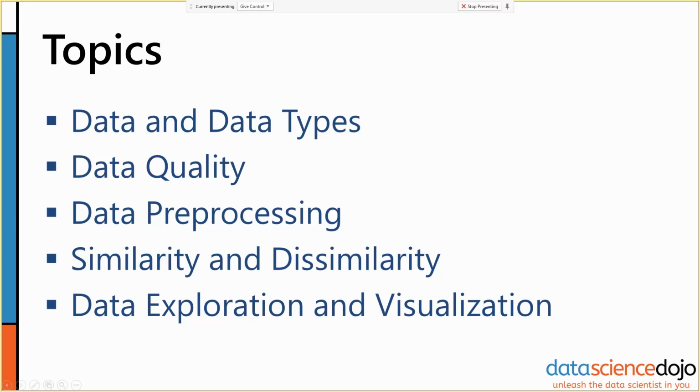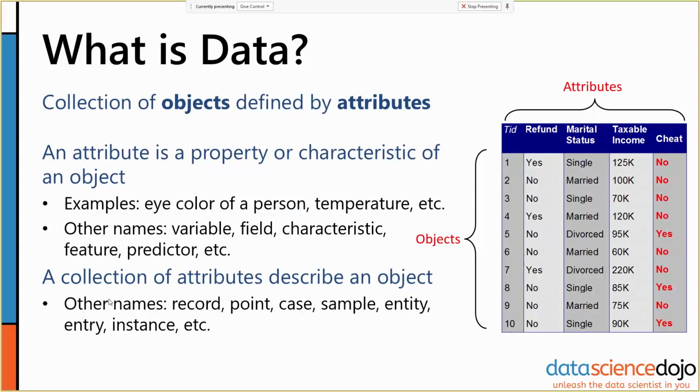And finally, we're going to talk about some similarity and dissimilarity metrics and also some data exploration and visualization. We'll cover data exploration and visualization very briefly here. We're going to talk about it a lot more next week in the Introduction to R webinar. So without further ado, let's start with data and data types.